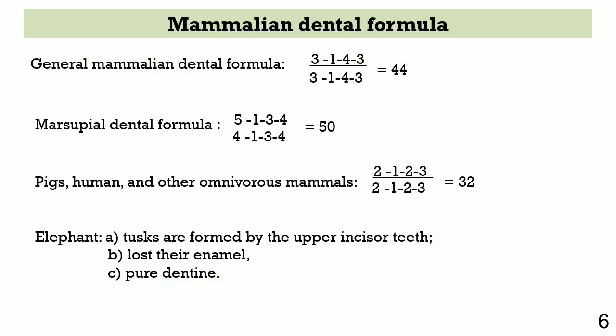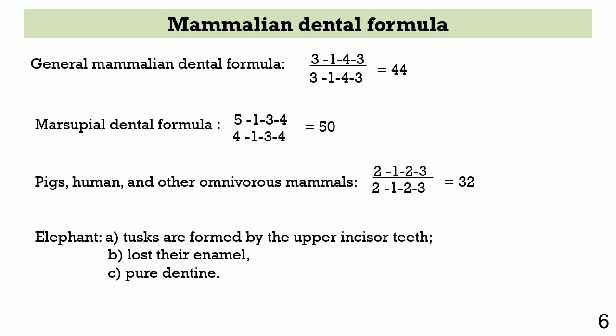Here is the dental formula. The dental formula is written accordingly as incisor, canine, premolar, and molar. So the general mammalian dental formula is 3 1 4 3, with 22 teeth in the upper jaw and 22 teeth in the lower jaw.